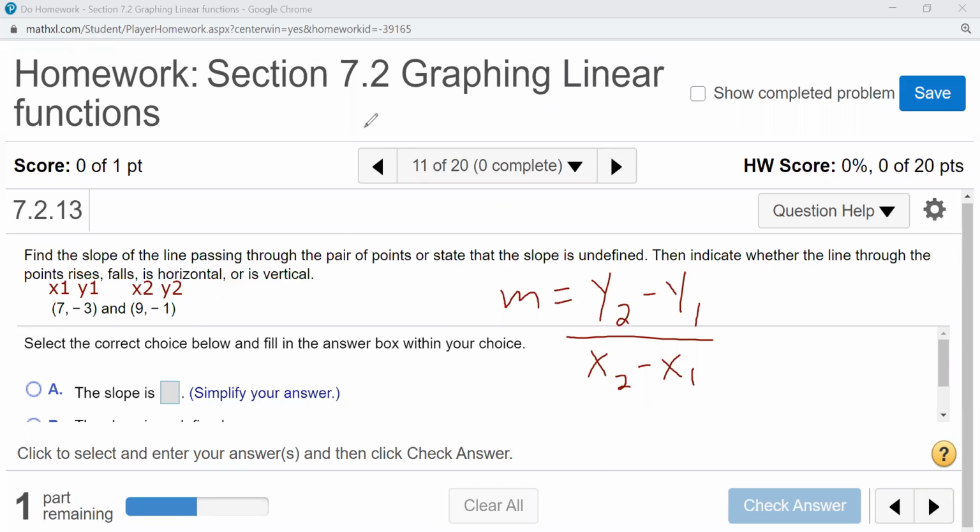And as long as you're consistent, y2 minus y1, I'm doing -1 minus -3, divided by x2 minus x1, so 9 minus 7. And it's always subtraction. So if you end up subtracting a negative, that's okay. Just remember that turns into addition.